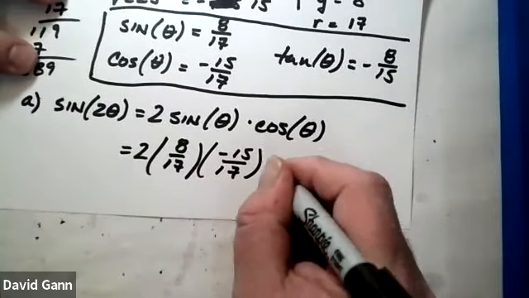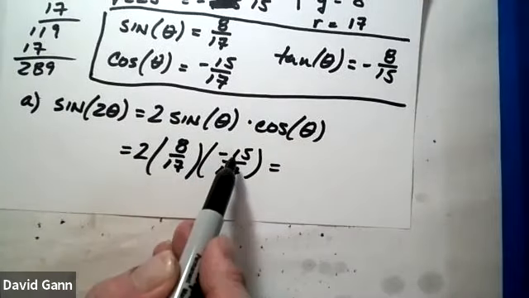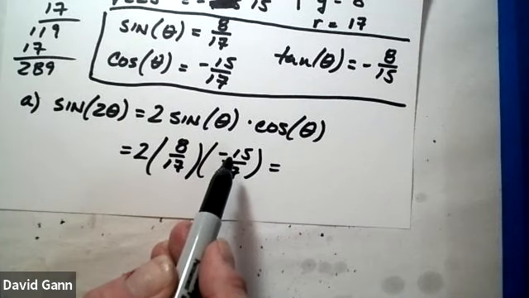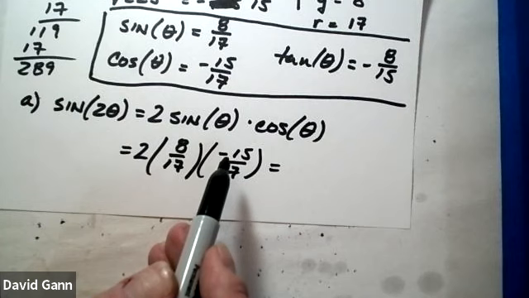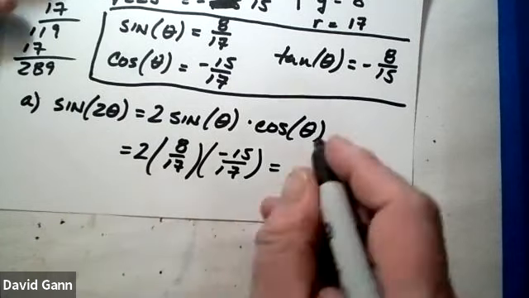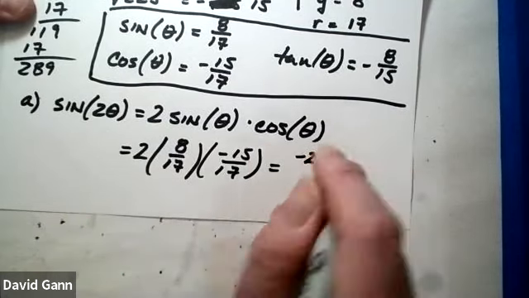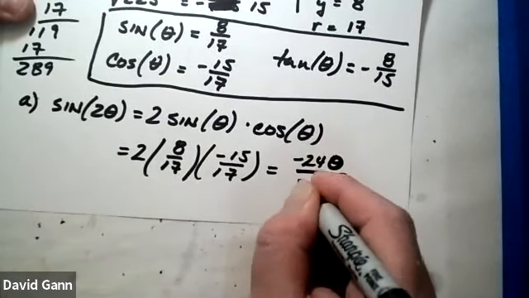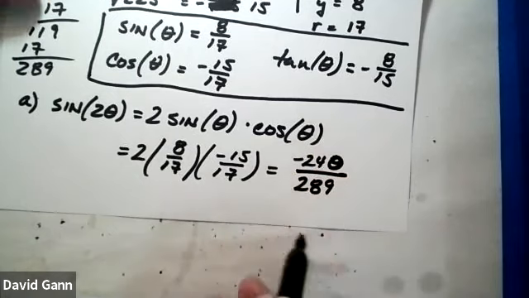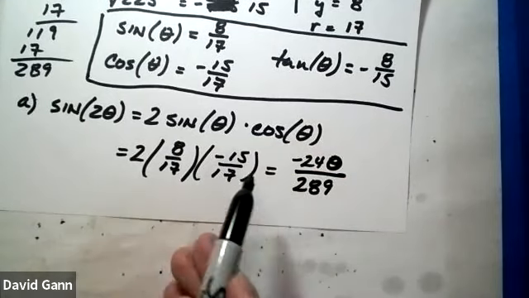which happens to equal, well, let's see, 8 times negative 15 is going to be a negative 120. So double that. What's that going to be? Double that's going to be negative 240 over 289, which we found is the square of 17.